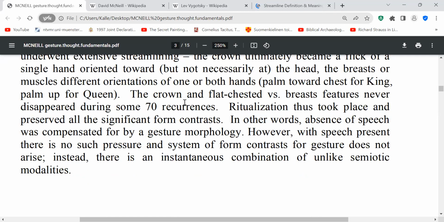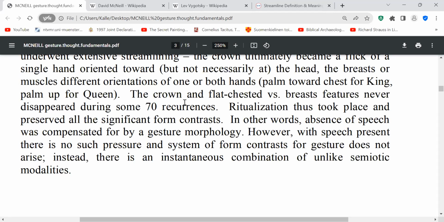The crown and flat-chested versus breast features never disappeared during some 70 recurrences. Ritualization thus took place and preserved all the significant form contrast.